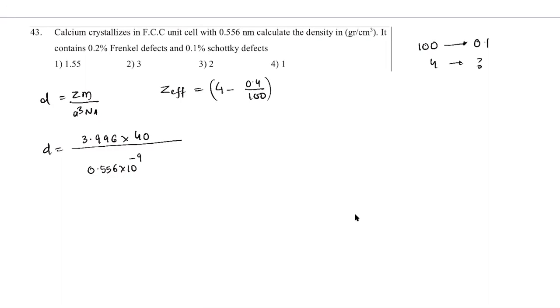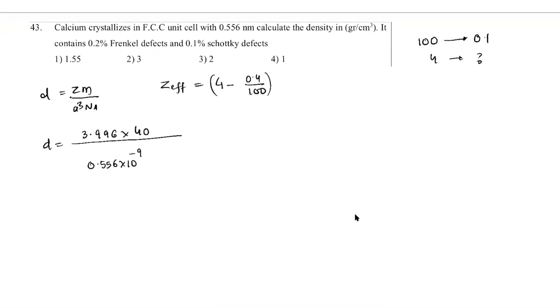I need the answer in grams per centimeter cubed, so I'm taking it in centimeters. This will whole be centimeter whole cubed, multiplied by 6 into 10 raised to the power of 23 approximately.